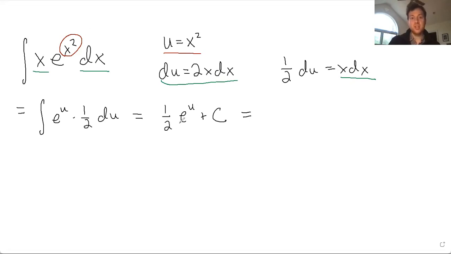We started with x's, let's end with x's. So we get 1/2 e to the x squared plus c. Questions about this problem? Hopefully this is familiar, but if any part of it you're a little unsure of, making you more sure of it is really important before we get into some new stuff.